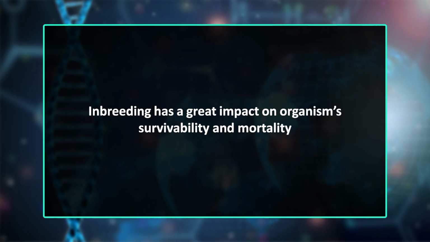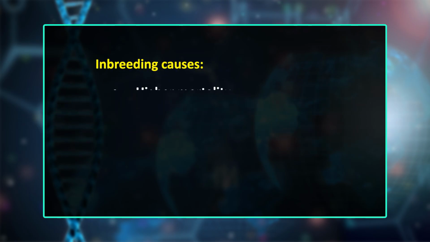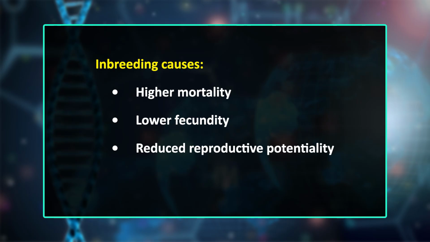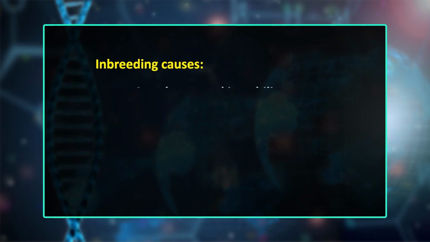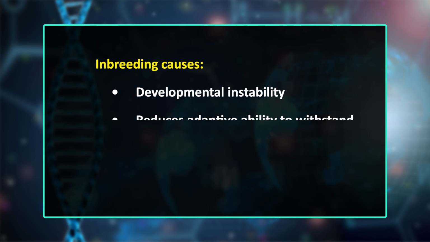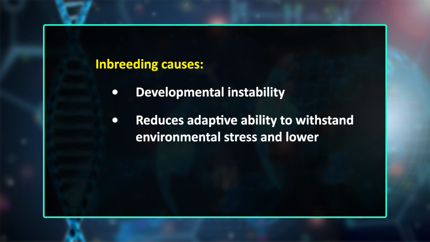Inbreeding has a great impact on organisms' survivability and mortality, that is the death. It causes higher mortality, lower fecundity, reduced reproductive potentiality, reduced growth rate, developmental instability, and reduced adaptive ability to withstand environmental stress and lower competitive ability.